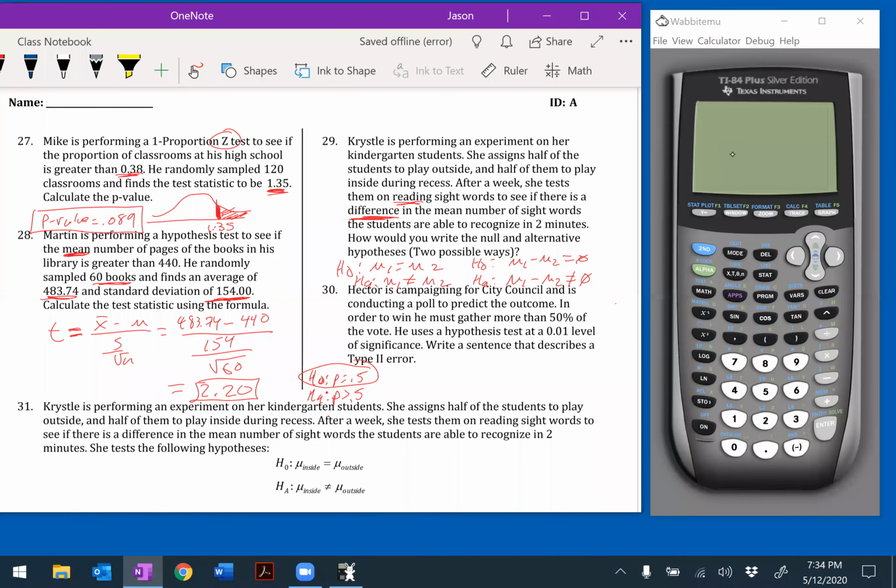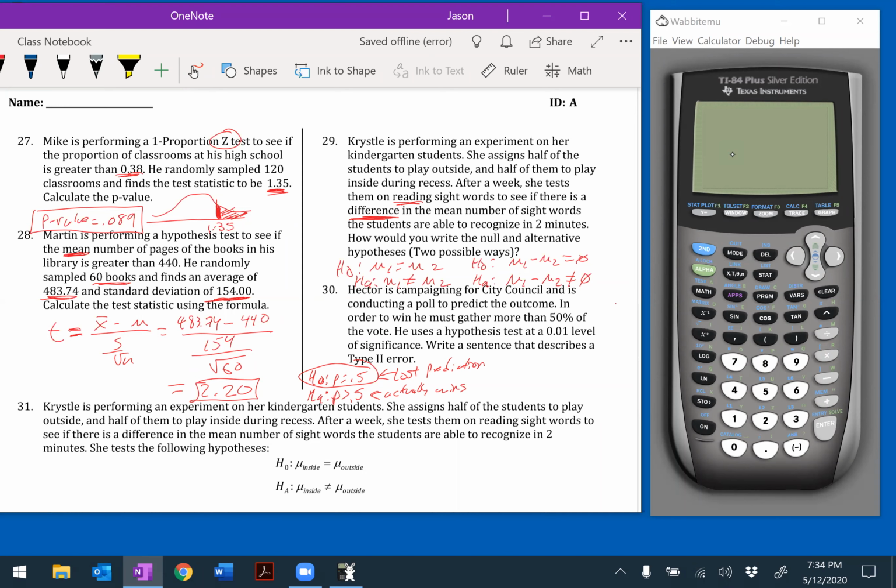But that's false. He actually won. We predicted that he lost, but he actually wins. So that's called a type 2 error. We predicted that he lost, but in reality, he actually wins.